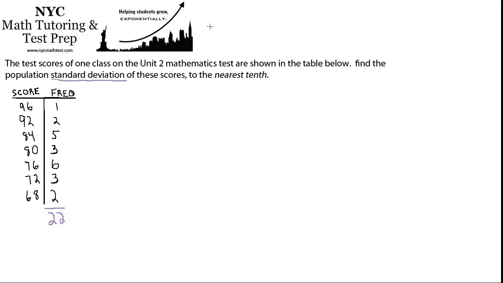And now let's go ahead and set up the average. So the average we represent using the variable x bar. That's our variable for the average, x with a bar over it.